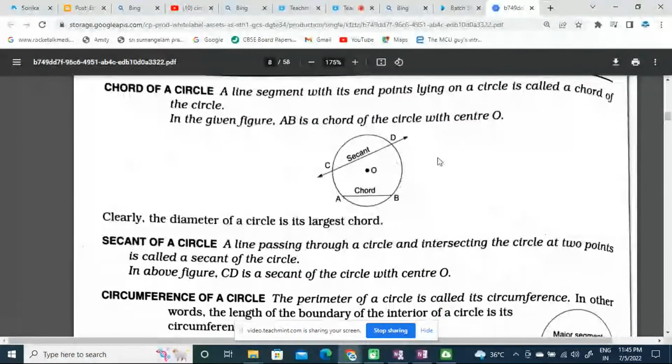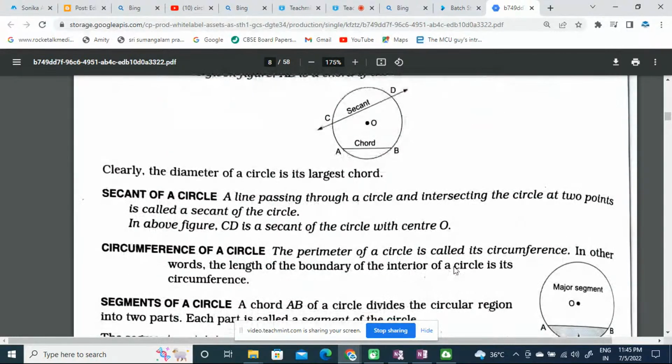Now secant, you can see when a line goes from one side to another but it does not go through the center. This is termed as secant. A line intersecting the circle at two points is called the secant of a circle. And secant does not go through the center of the circle.